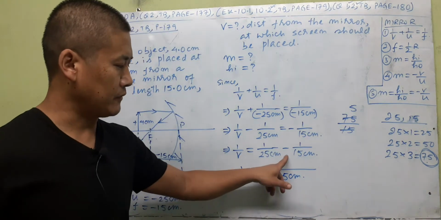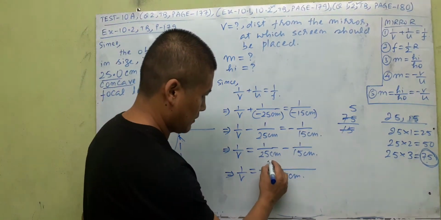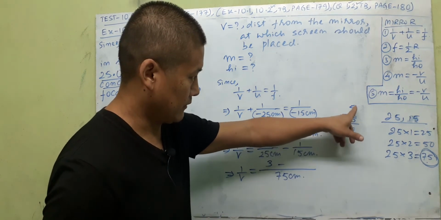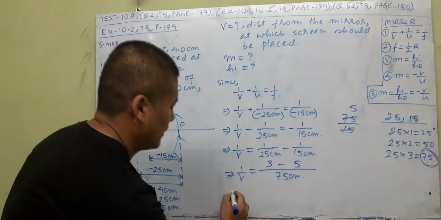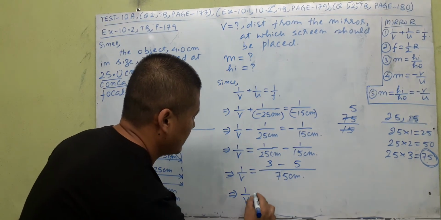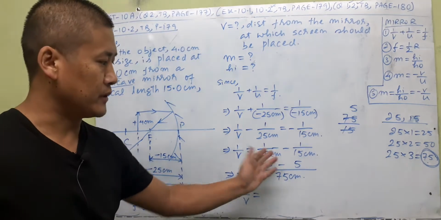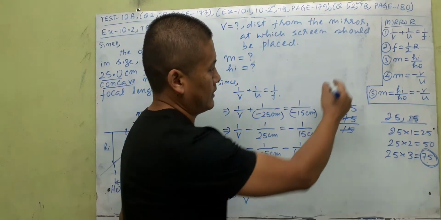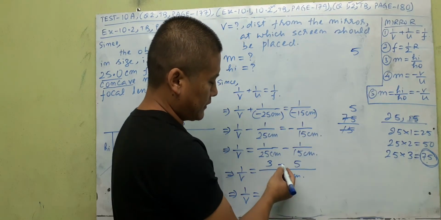Now we know 25 threes are 75, right? So 3 ones are 3, minus 15 into, just now we did 5 is 75, so 5 into 1 will be 5. Be careful with this. 1 by V is equal to, out of these two, which has more absolute value? Absolute means without the sign, which is the bigger number. Yes, that's right. So we always raise the bigger absolute value up. What is the sign in front? Minus.